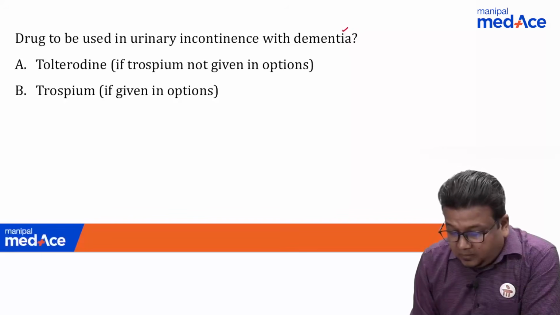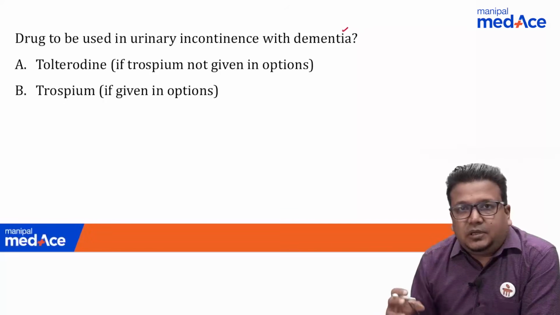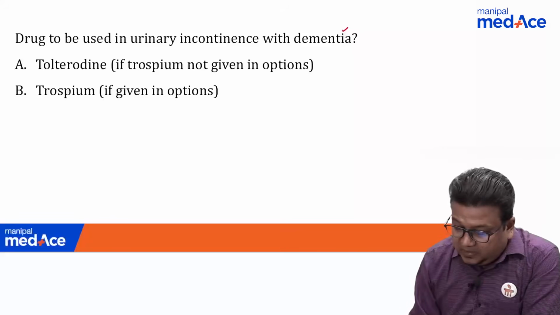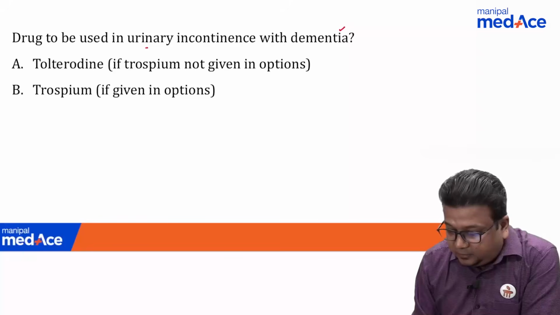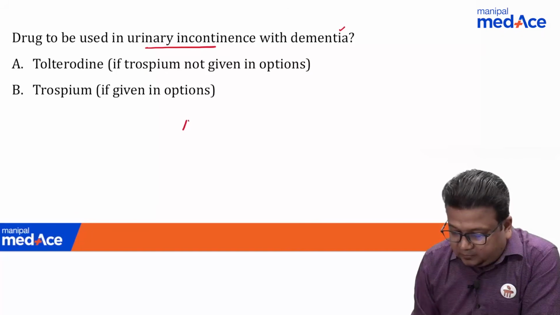However, what we want to actually know in this particular question, see, for urinary incontinence, we want to give anticholinergic drugs.